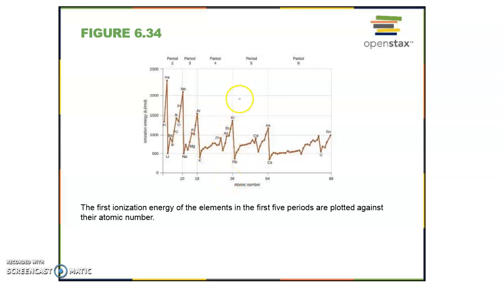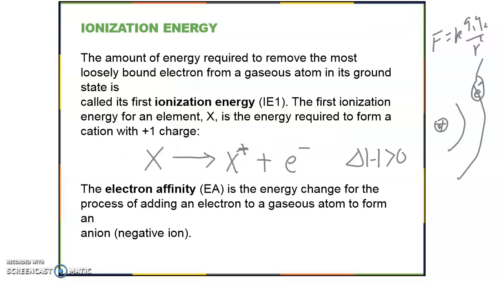Of course, you can see some exceptions over here. It doesn't go directly up all the way. You always see some exceptions, but it doesn't matter. The trend going across to the right of the periodic table is that it will increase, and going down, it will decrease. So that was the ionization energy.